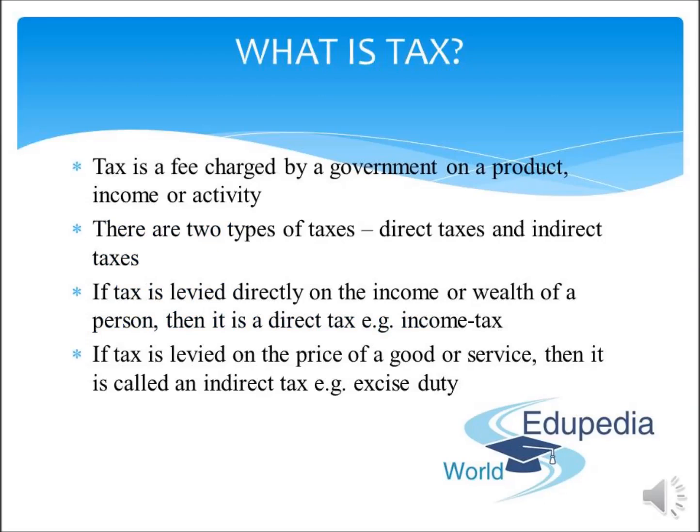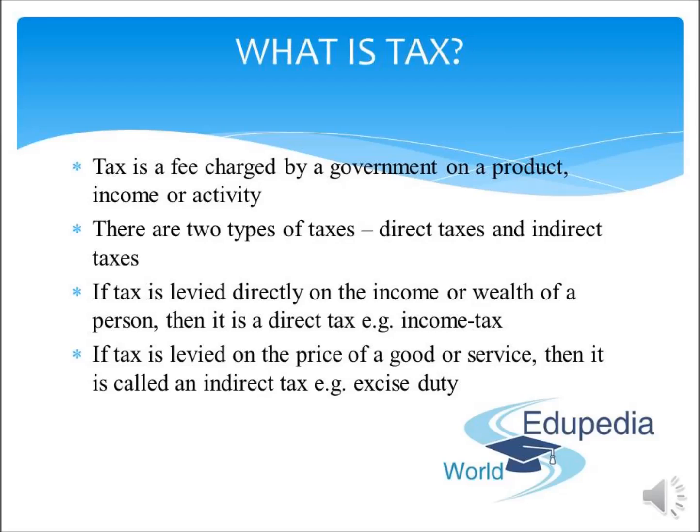What is tax? Tax is a fee charged by a government on a product, income, or activity. So the basic definition of tax is a fee charged by the government. So if I am producing or manufacturing some product, I have to pay tax, which is called excise duty. So a manufacturer has to pay tax in the form of excise duty.